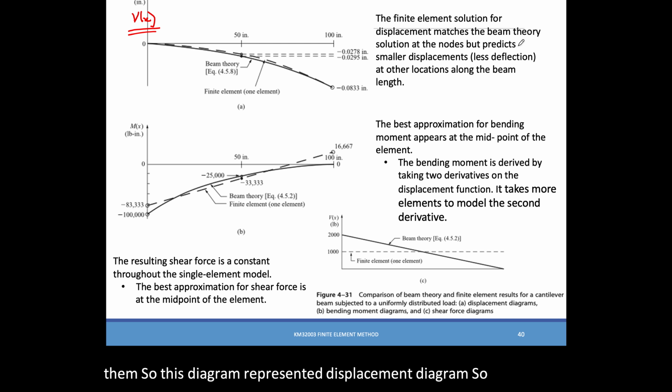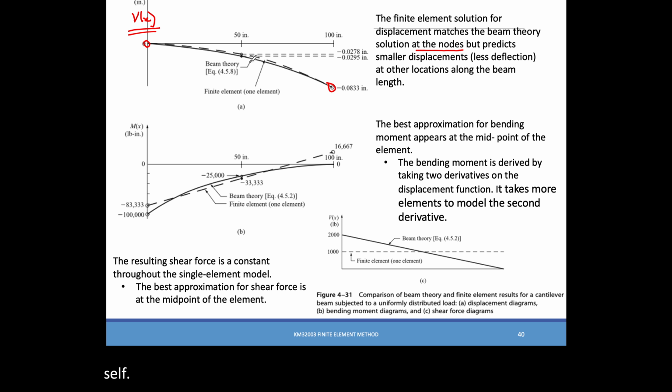So the solutions for the displacement will match the theoretical solution at the node itself, but there will be an additional error in between, along the length.